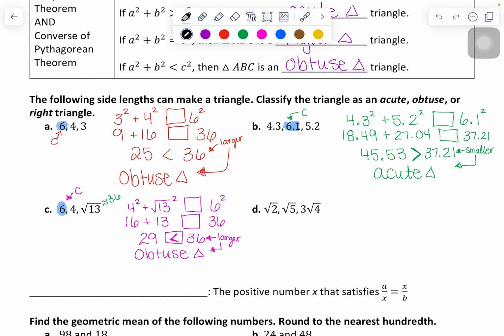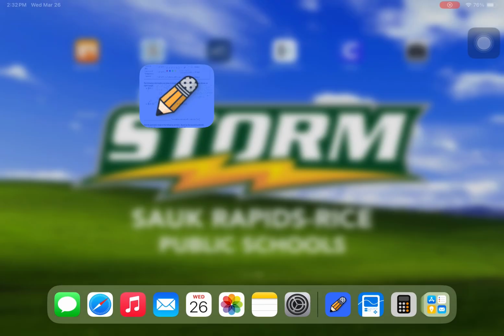So that means I'm going back to my calculator. Between the square root of 2 and the square root of 5, the square root of 5 is bigger because it's got a bigger number inside. So I really just have to compare the square root of 5 with 3 square roots of 4 to see which of those is bigger.